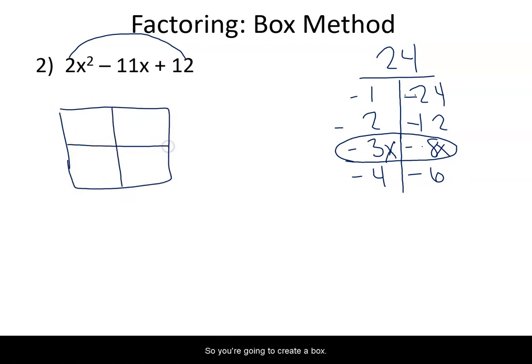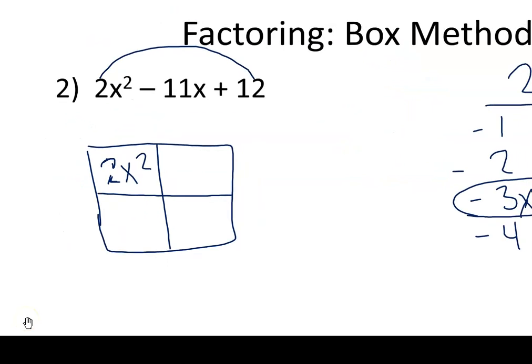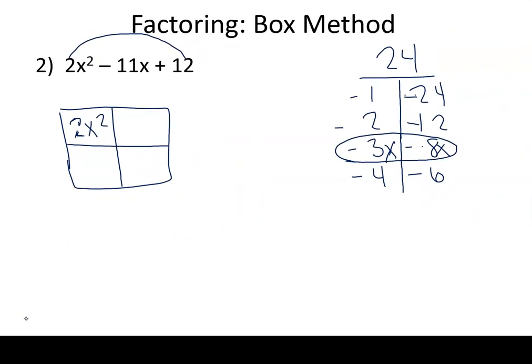You're going to create a box, and our first number, 2x squared, is going to go at the top. That doesn't change. And neither does your bottom, your last number, 12.